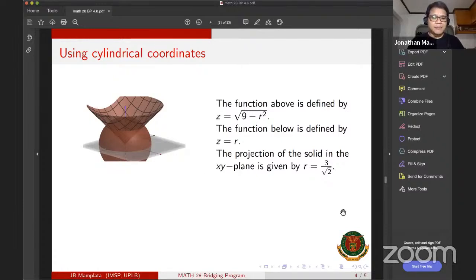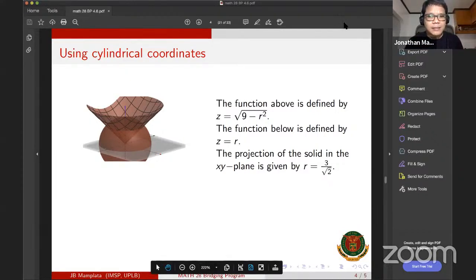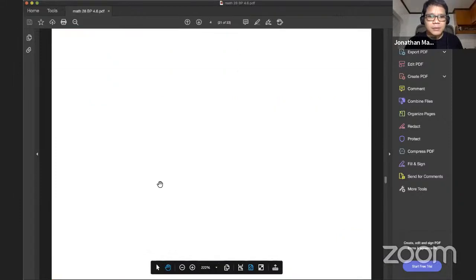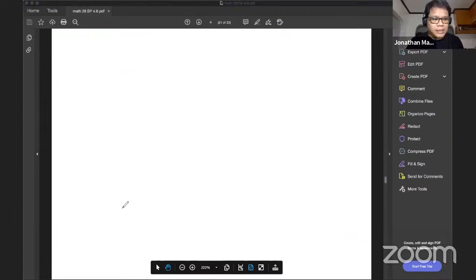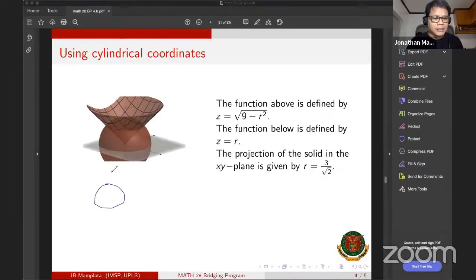Then yung next naman ay bounds natin for r. So we have a circle in the r theta plane. So kung meron tayong circle in the r theta plane, what will be the bounds for r? Okay. So again, we have a circle in r theta plane, and the circle is defined by the equation r equals 3 over square root of 2.